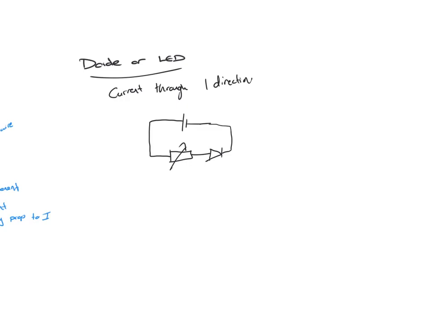Let's say this is a diode. And for an LED, remember the symbol is like this. Sometimes you'll see them drawn with a circle around them. It's the same thing. And when we plot the results in this setup, we'll get a graph that looks like this.